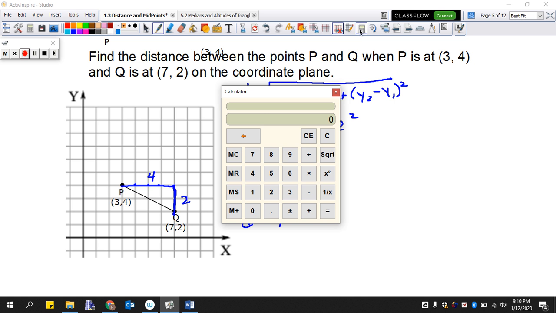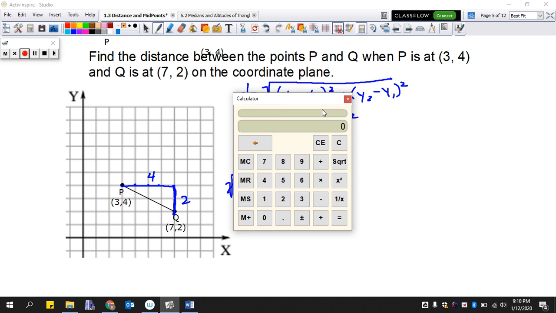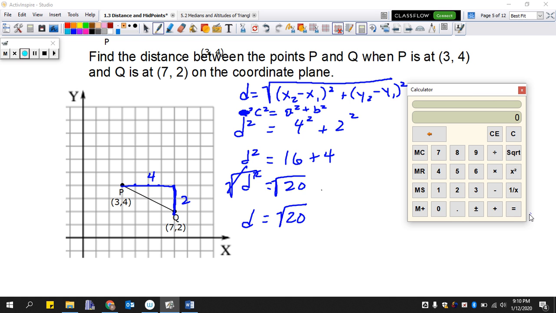If we would have used the distance formula, we would have done the same thing to get your 4 squared and your 2 squared. If we would have said x2 minus x1, that's 7 minus 3, that would have been 4.